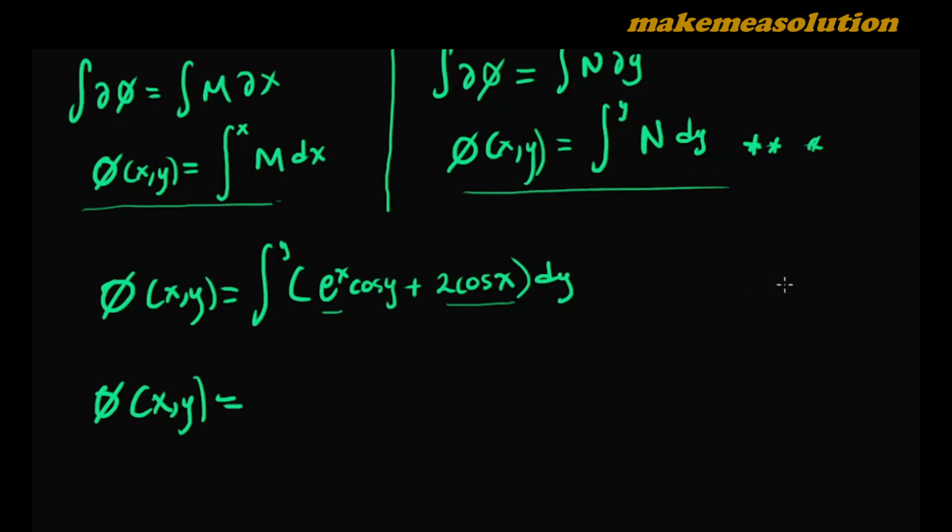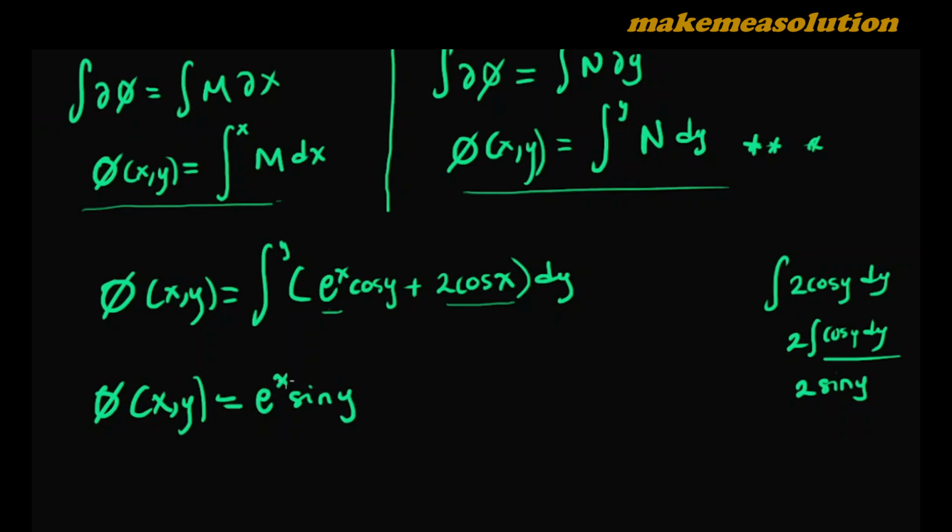For instance, if I'm integrating 2 cos y with respect to y, it's the same as 2 integral of cos y dy, and this will give me 2 sine y, because when you integrate cos y, you get sine y. So integrating this term with respect to y partially, it will be exponential x sine y.